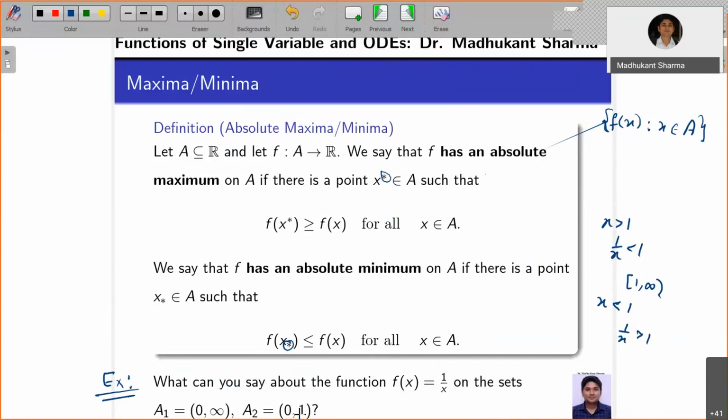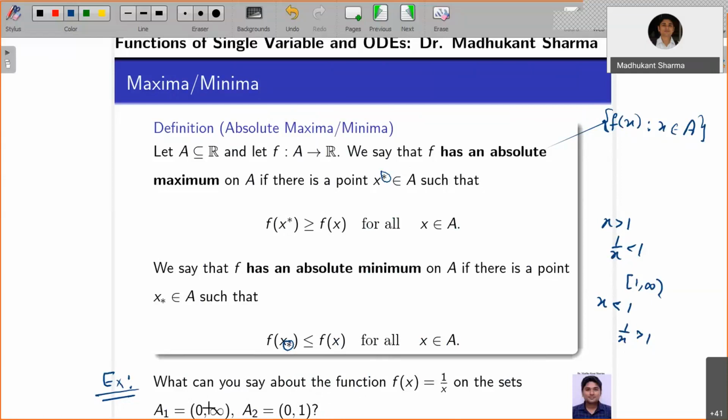Similarly, 1 is also not part of this interval. So x is less than 1, and 1 by x is greater than 1. So this function will also have neither an absolute maximum nor an absolute minimum on this interval.